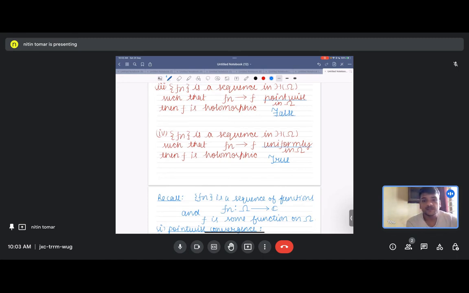See, for pointwise convergence, even a sequence of continuous functions may not have the limit as a continuous function. We can construct one example, which I leave to you as an exercise. And in the proof also we realize that pointwise convergence is not enough. So it must give you some strong intuition that with pointwise convergence we will not be able to go further.